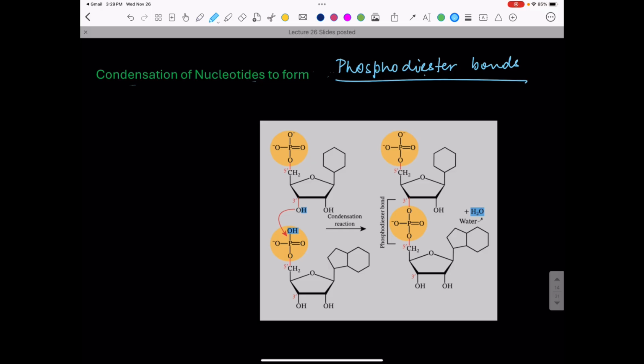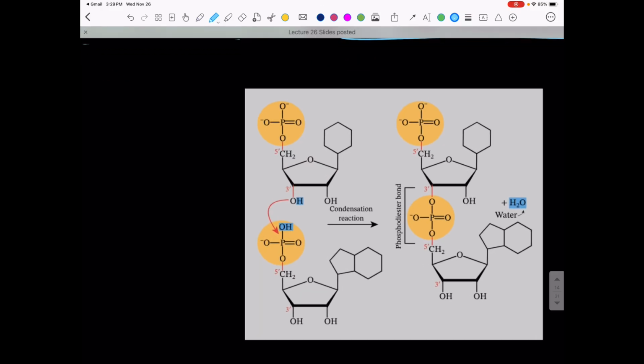So you can see here, we have shown that the hydrogen from one of the hydroxyl groups on the ribose and the OH group on the phosphate are going to be removed as a molecule of water. And in the process, the phosphate will be connected to the oxygen of one of the ribose sugars and the CH2 group, which is on the 5th carbon in the next nucleotide.